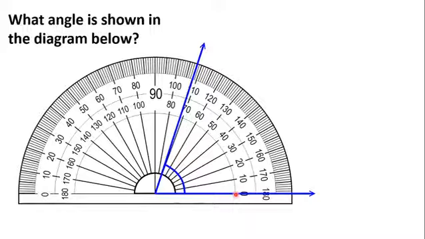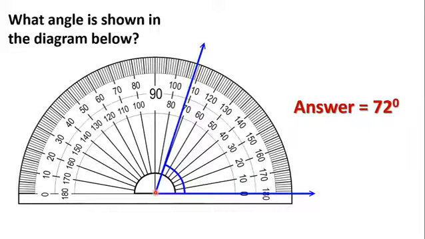It means that we'll be using our inner scale in measuring this angle. Now, if you follow your inner scale, you'd see that the line has gone past 70. You have 70, you have 71, and the line is on 72. So that means that your angle is 72 degrees. Do you understand that? You have 0 here, you have 72 for the other line, and so the angle formed by those two lines is 72 degrees.